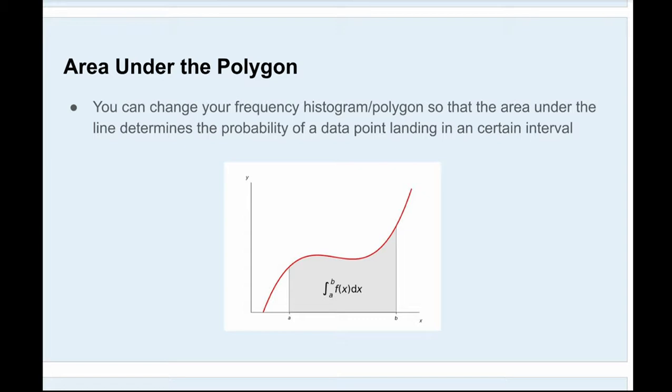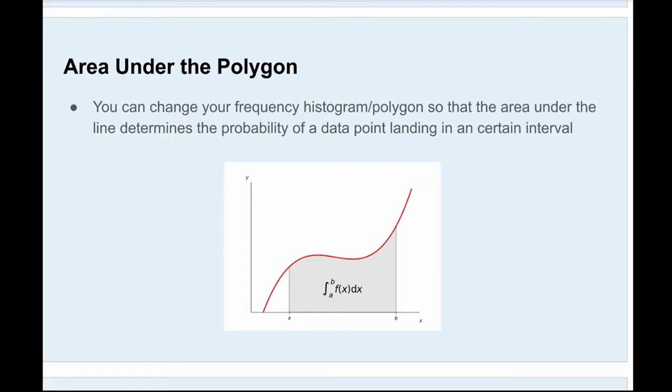And we can change our frequency histogram or polygon so that the area under the line determines the probability of a data point landing in a certain interval. Because right now it's just the frequency, how many data points we have in that interval. It's not the probability distribution yet, like we looked at in the last lesson.